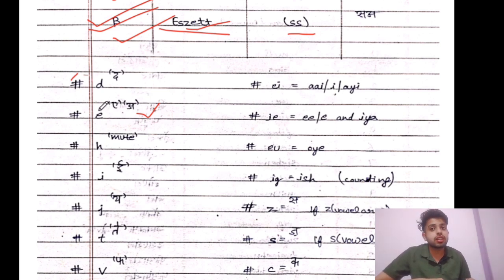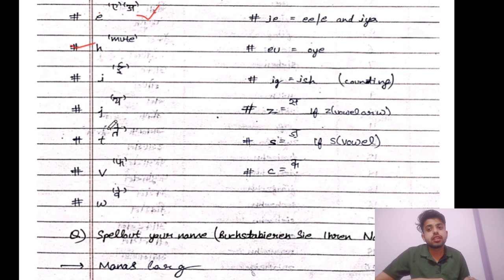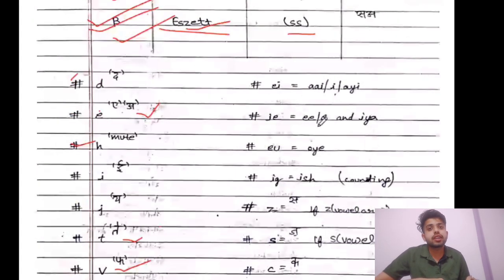According to the sentence, E is pronounced as A or A. In every German word, H is always mute. I is pronounced as E, J is pronounced as Y, T is pronounced as T, V is pronounced as F, W is pronounced as V, and that's EI. EI is pronounced as I.